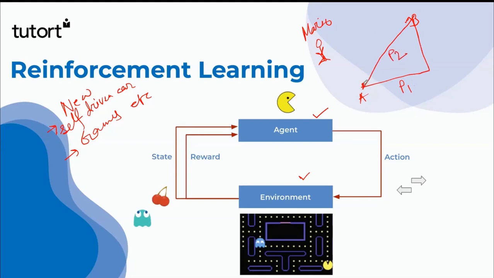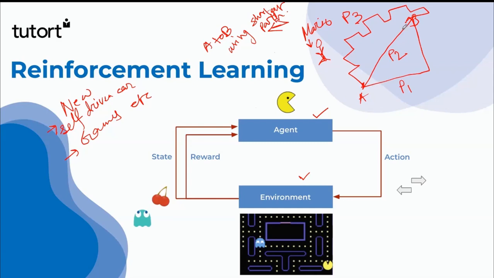And the third path is this, path 3. So what is the aim of this particular game? That is to reach from A to B using the shortest path. That is the desired output. That is what we want out of Mario.